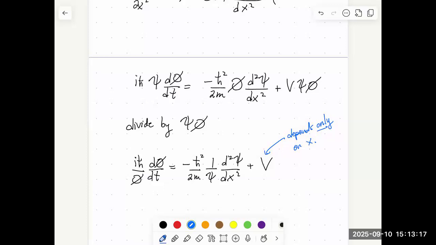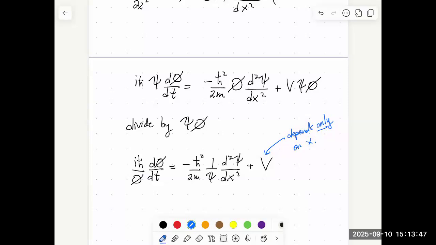Okay, so we have a couple minutes left, and let me just recognize now that what we've done is something very handy. We have written this expression where all the time-dependent stuff is on the left, and all of this is independent of position. This function depends only on time. There's no x anywhere.